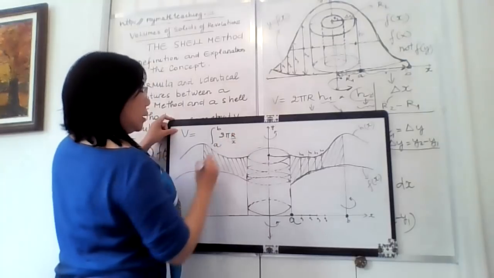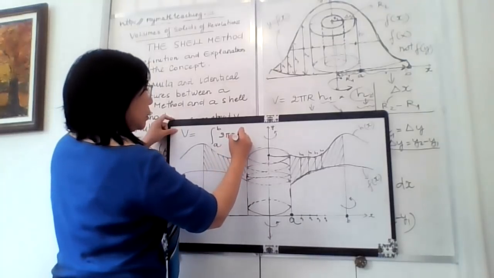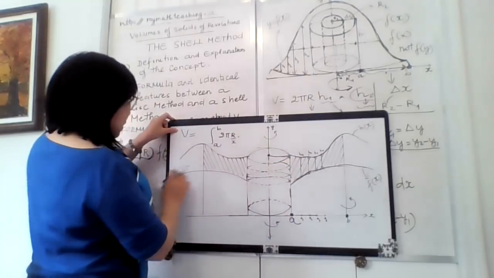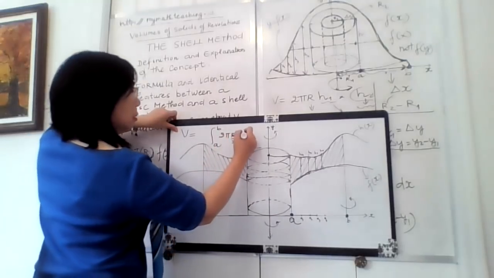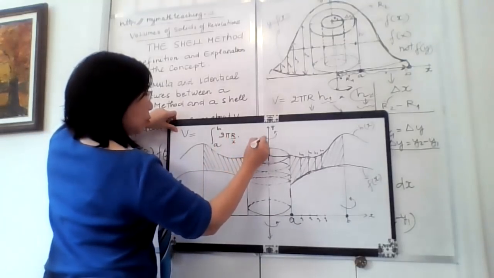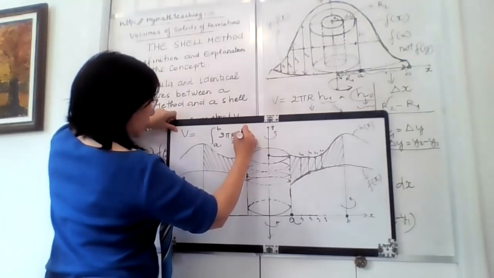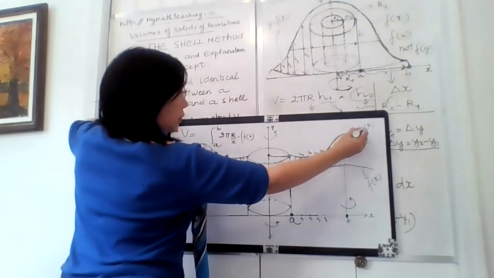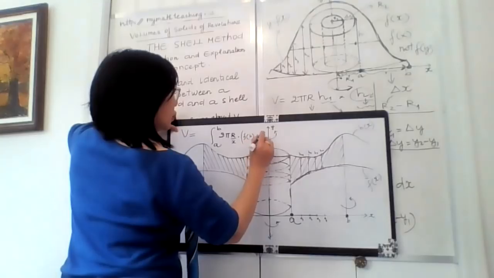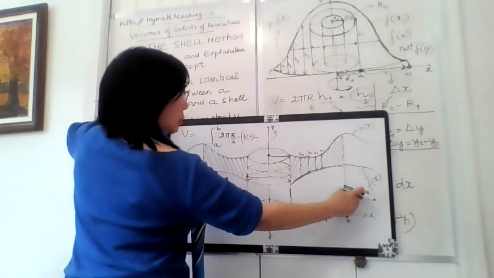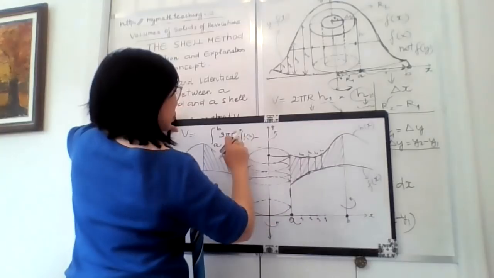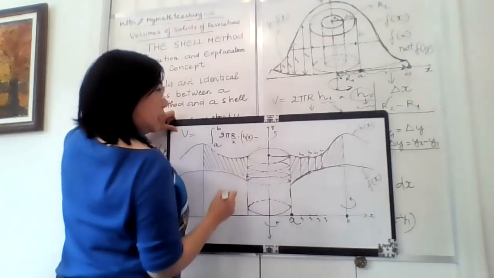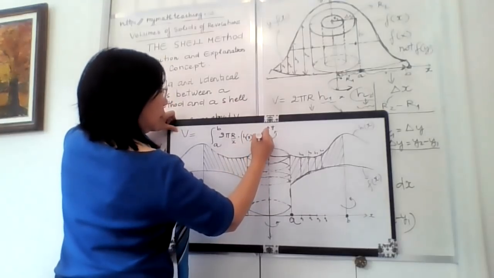Let's put this a little bit underneath so that you can see. Times, so instead of f of x like we do in one function, this f of x will be delta y, which you will multiply with h of x, this function, minus f of x.